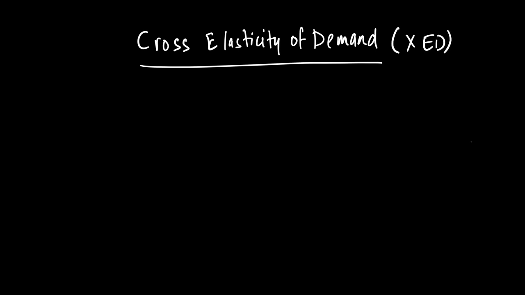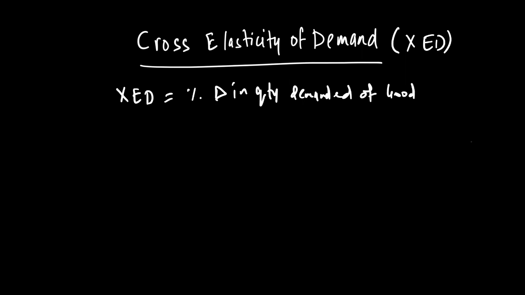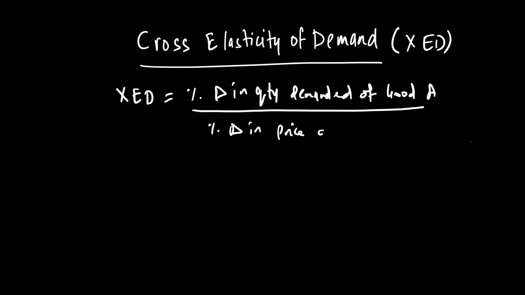So when we look at XED, we say XED is percentage change in quantity demanded of good A over percentage change in price of good B. So I'm looking at two goods, good A and good B, and I'm looking at their relationship, and that's what XED is.